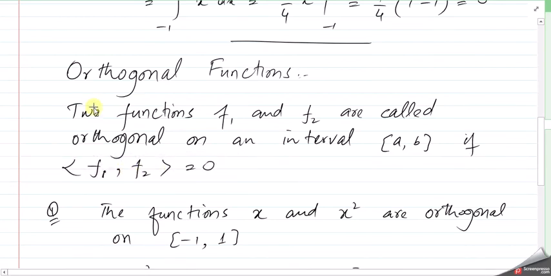Two functions f1 and f2 are called orthogonal on an interval a b if their inner product is 0 on a b. So that makes more stress on the interval importance.